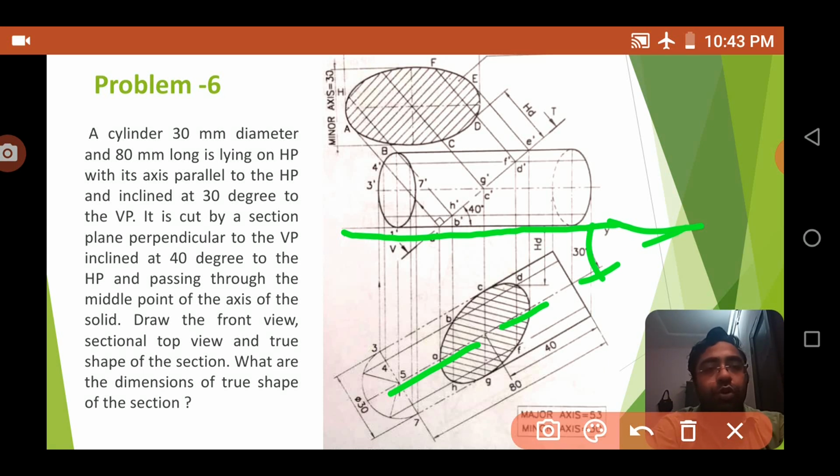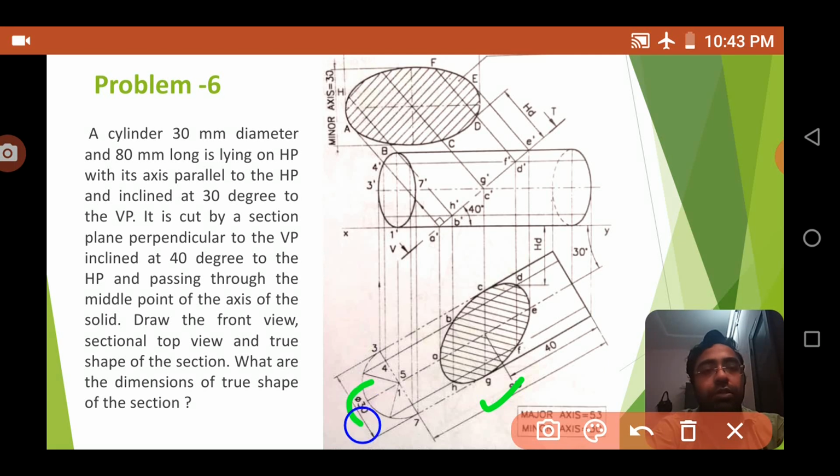Then you draw a perpendicular line with a diameter of 30, and draw the total length, and make another rectangle. The length of this one is 80, and this diameter is 30. And you just draw a square.